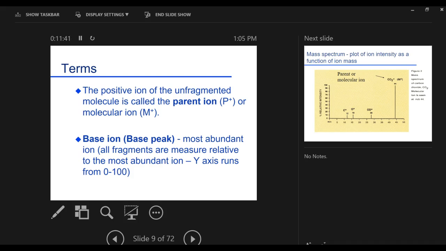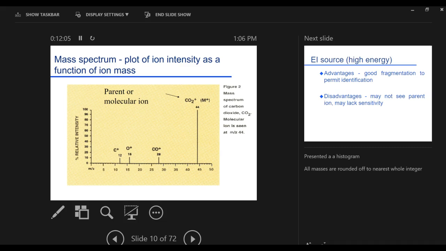It looks at all your fragments, and that most abundant fragment is set at 100% of full scale on your recorder. Then there may be another peak that's 98% or 70% or 50%. Each fragment is some proportion of this base peak. So when you see the mass spectrum, you'll get an appreciation for that.